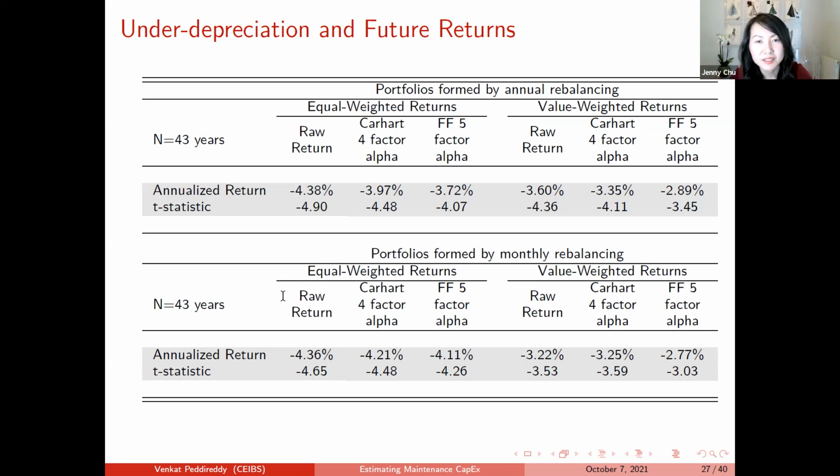Actually, Sudipta and I have a similar question about M&A. M&A is known to predict future goodwill write-offs. There's a recent paper that looked at it and saw that if you exclude M&A firms, then the investment anomaly may go away. So how do you treat M&A in this? That's a good suggestion.